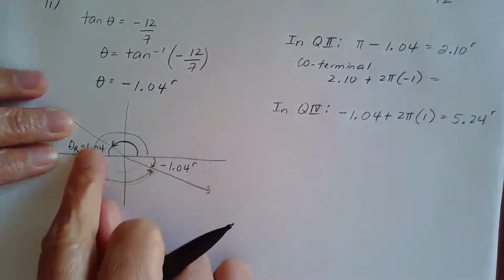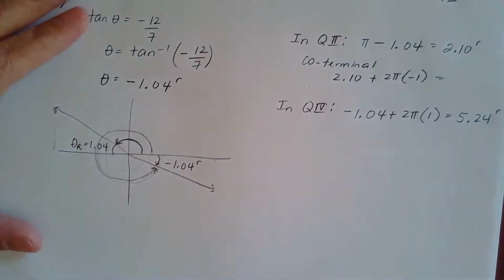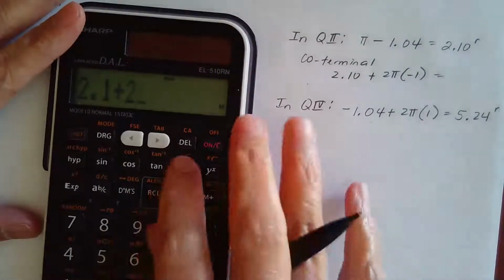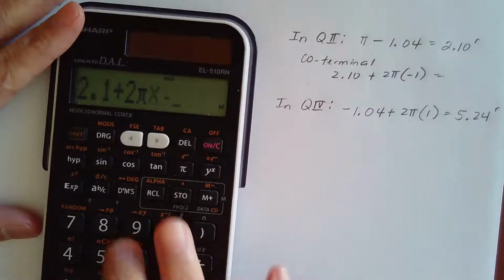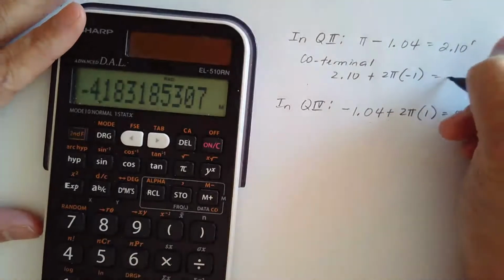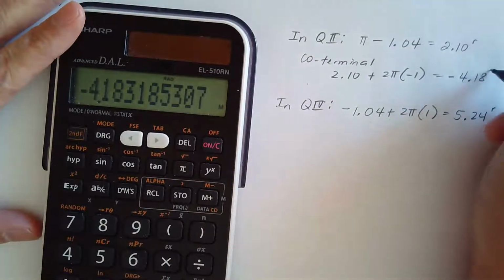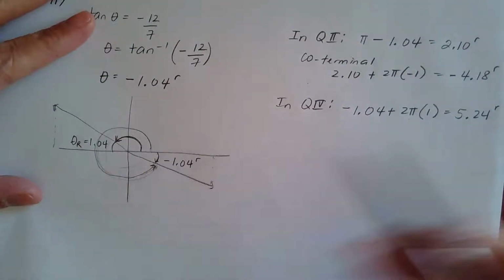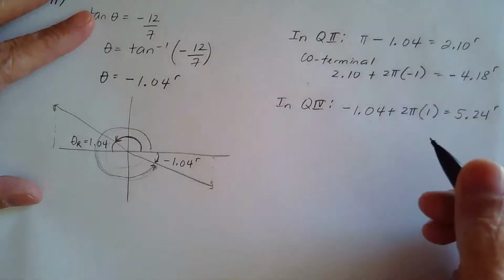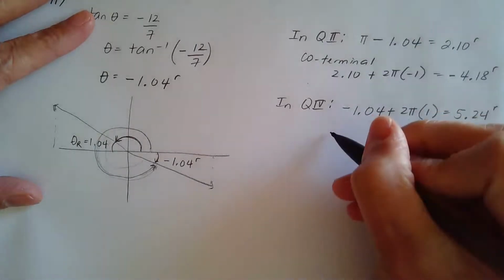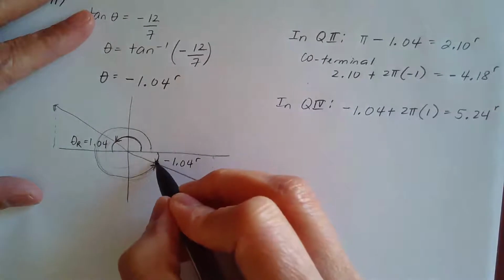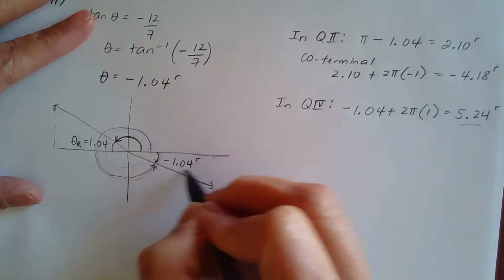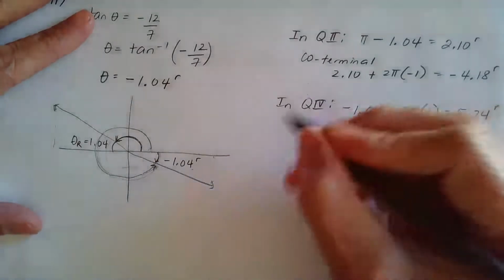Negative 1 means going around in the negative direction. That gives negative 4.18 radians. So we have this positive angle, which is 5.24, and then we have a negative angle of negative 1.04 there.